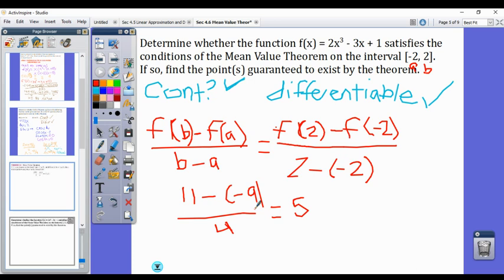So now I'm going to take the derivative. So we're going to get 6x squared minus 3, and we're going to set that equal to 5.